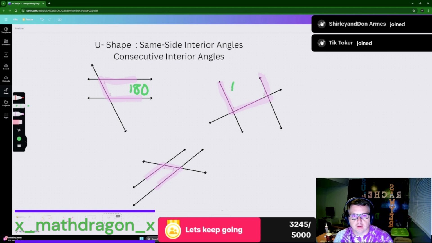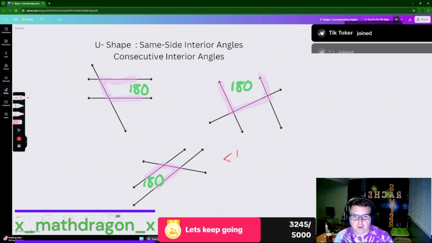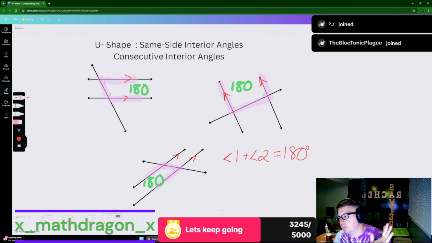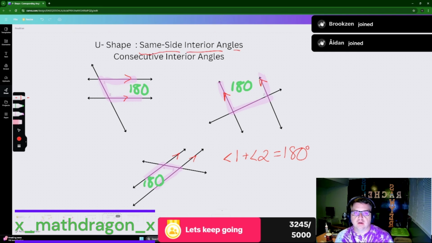What's special about the U is that when I take angle 1 and angle 2, the measure of angle 1 plus the measure of angle 2 equal 180 degrees. But I have to have parallel lines cut by a transversal, and the interior angles on the same side. So now they're not on alternate sides anymore.